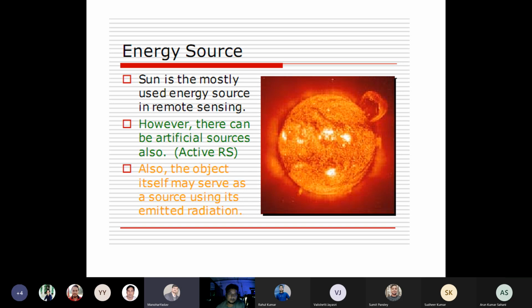And we also consider if a particular object also radiates energy in a particular situation. We will discuss in which condition the object starts radiating energy, and that acts as an energy source.